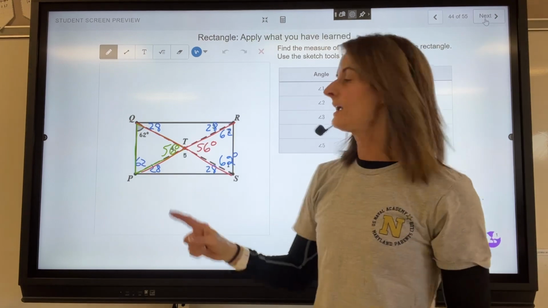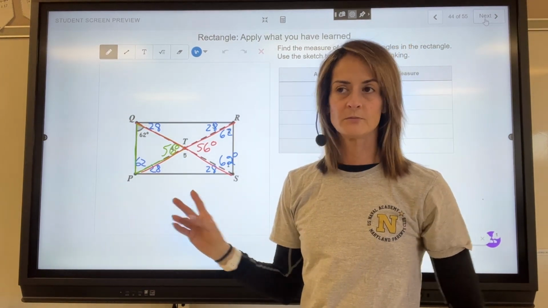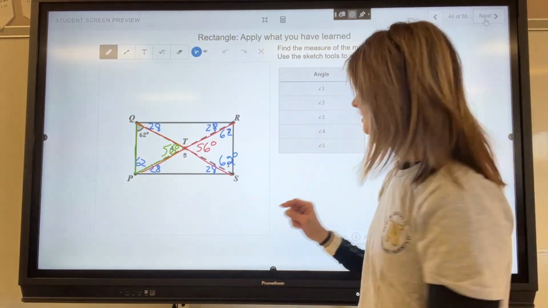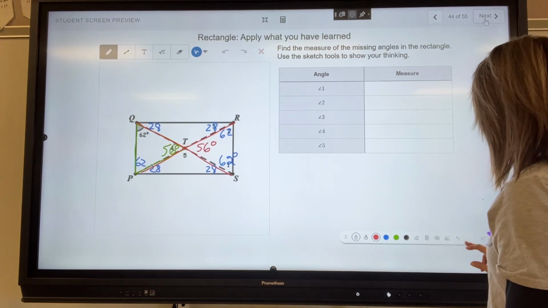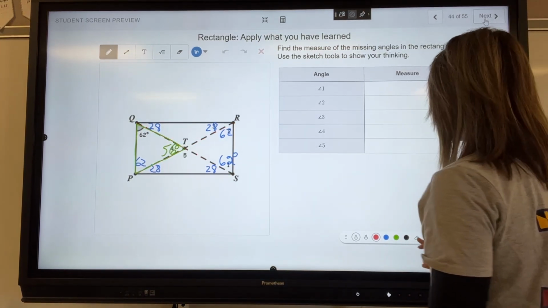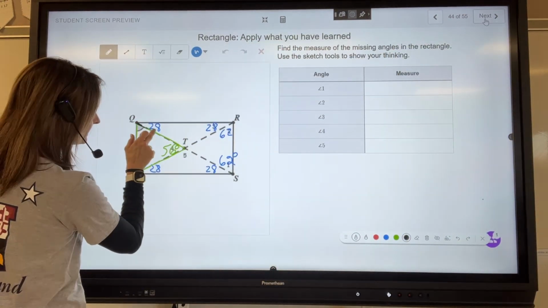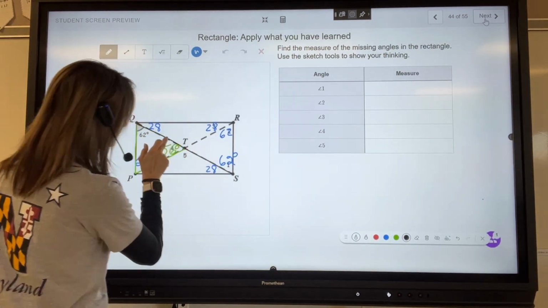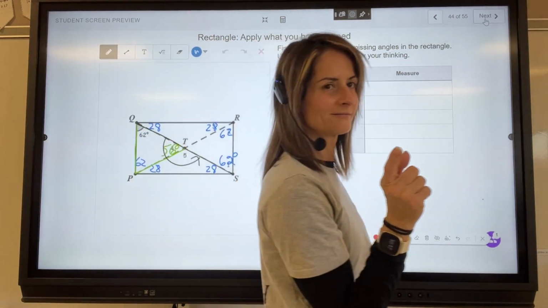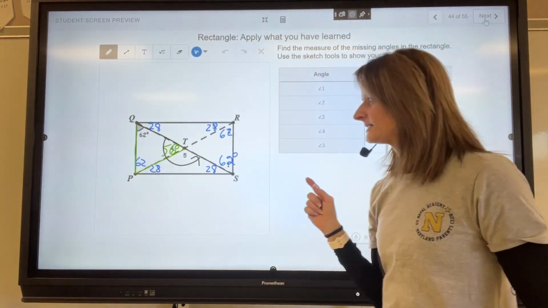Now we could find angle 5 the same way with the 28s. Perfectly fine to do. Or we have another option. We know that a straight line, these angles right here are supplementary. Supplementary angles add up to what? 180.